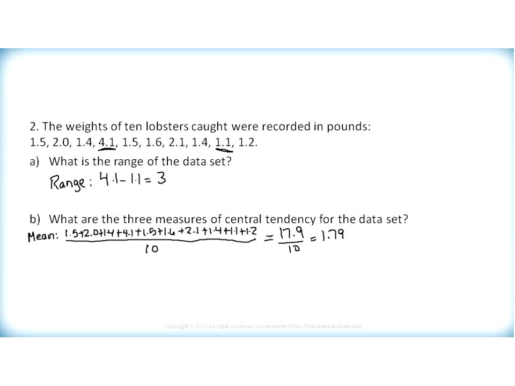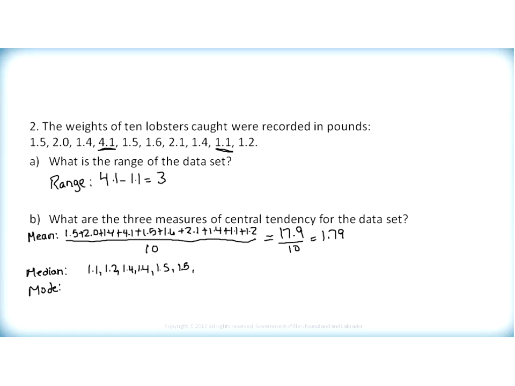For my median and my mode, the first thing I'm going to want to do is put my data from least to greatest. So I'm going to start with my smallest number, 1.1. Then I'm going to have my next smallest, 1.2. Then my next, which is 1.4. Then 1.4 again. Then 1.5. Then 1.5 again.